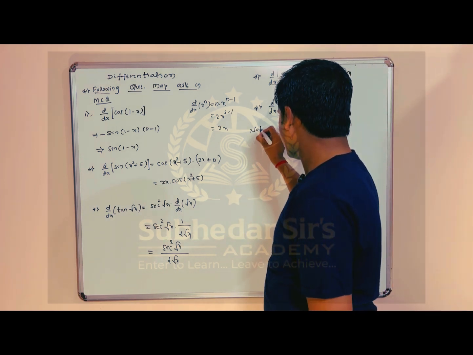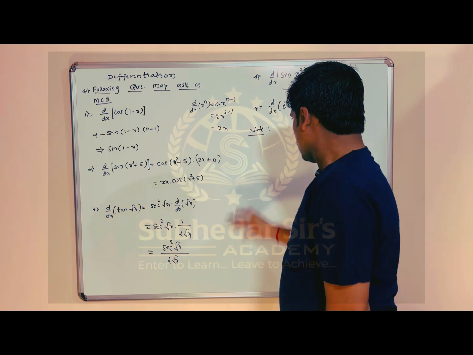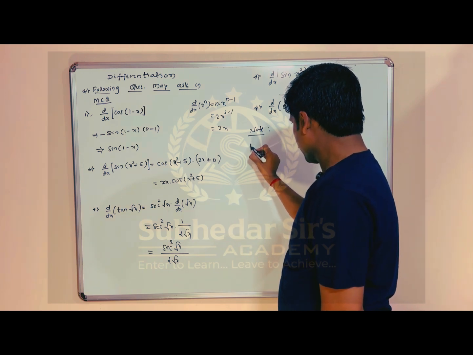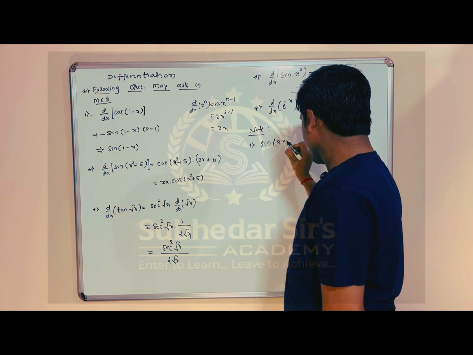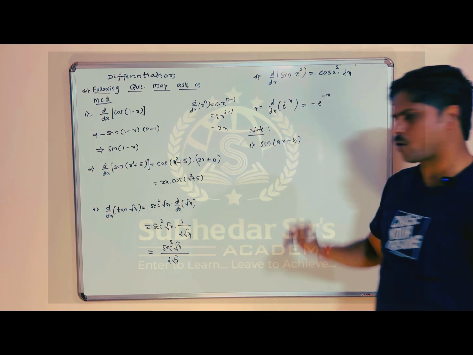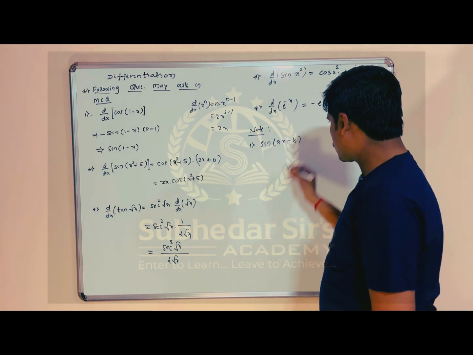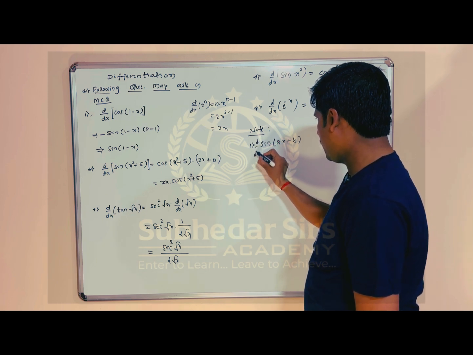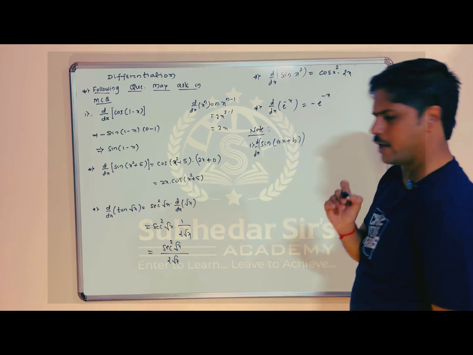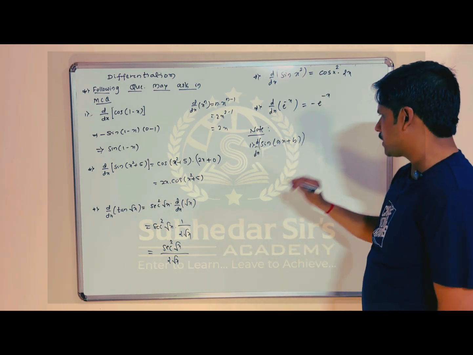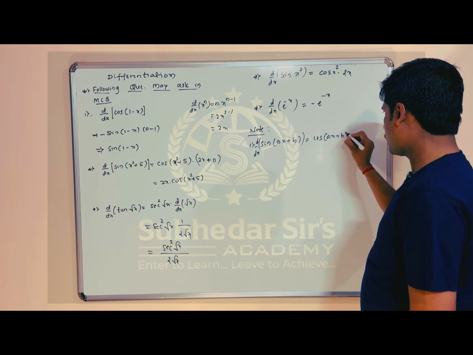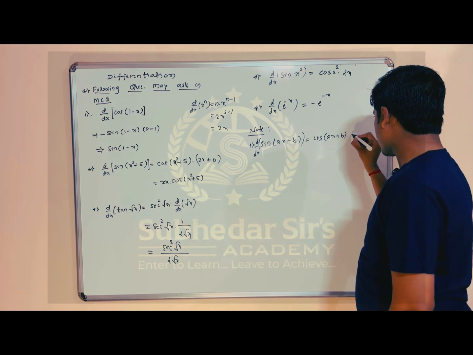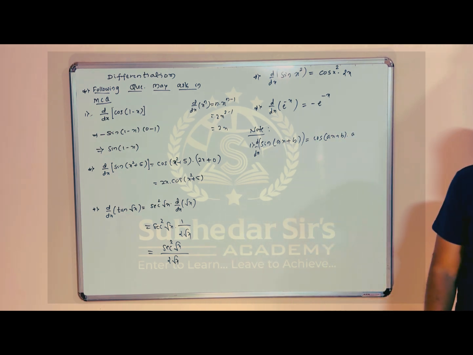Note, if the first one is sin of ax plus b, here a and b are constants, then differentiation of this function, that is d by dx of sin of ax plus b. As we know, sin differentiation is cos only, right? Cos of ax plus b. What about ax plus b differentiation? The x coefficient, whatever is there, write it as it is.